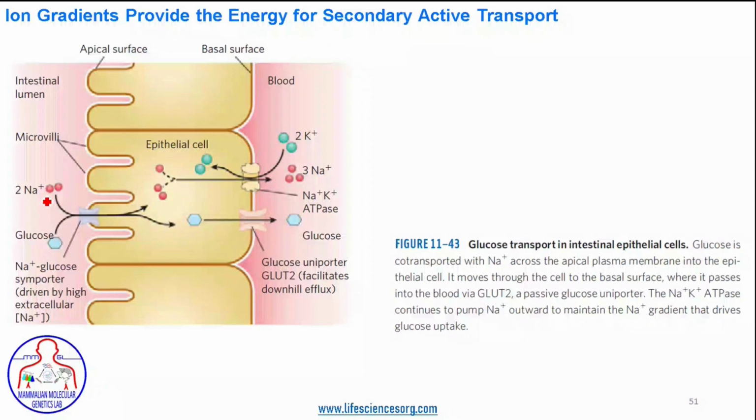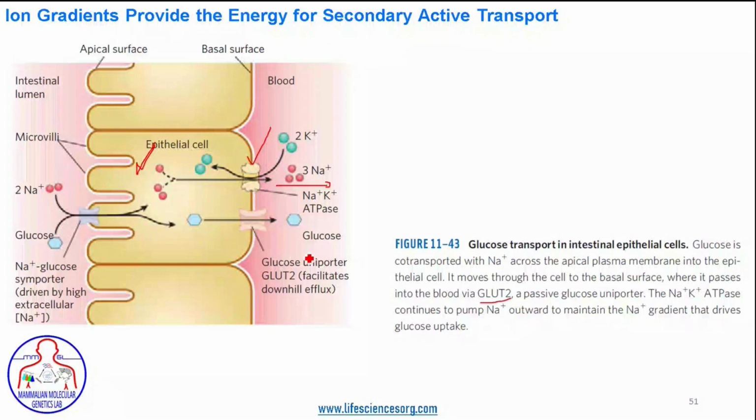So glucose and sodium are co-transported inside the cells present in the small intestine, but the sodium is pumped outside of the cell through this ATPase class of transporters, and the glucose is entering into the bloodstream through the GLUT2 transporter.